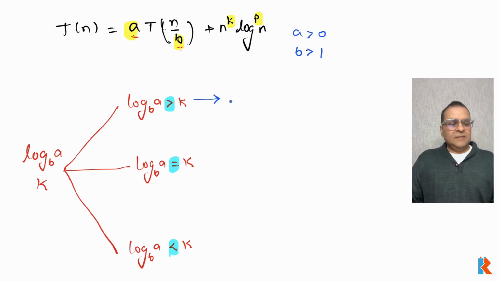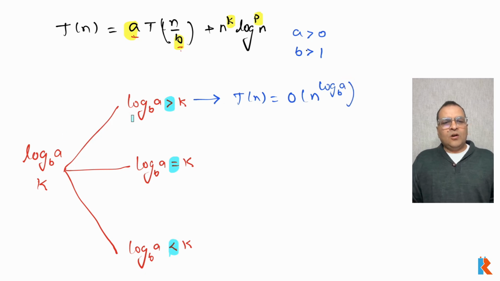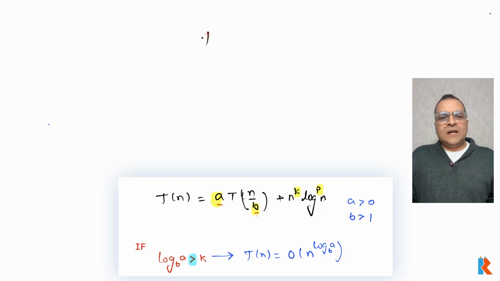If it is the first case, then the answer is simply big O of n raised to the power log of a to the base b. So we have already found log of a to the base b. If this value is greater than k, then the answer is simply n raised to the power this value. So this is the first case. Consider the following example.